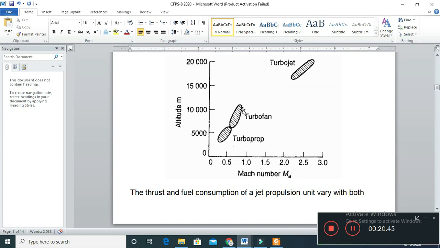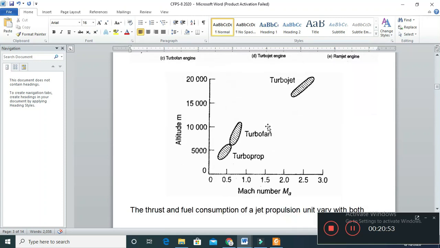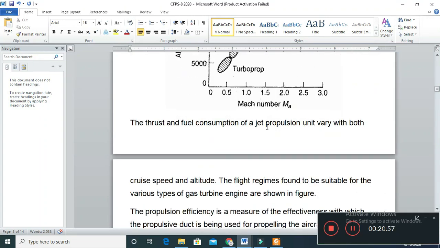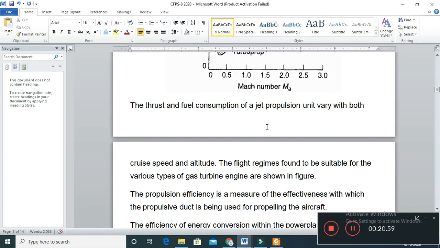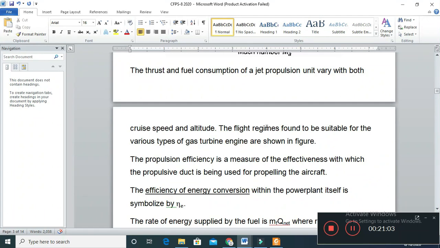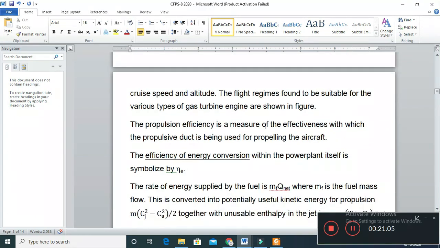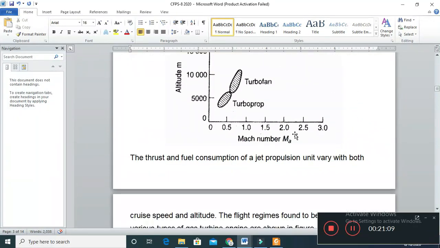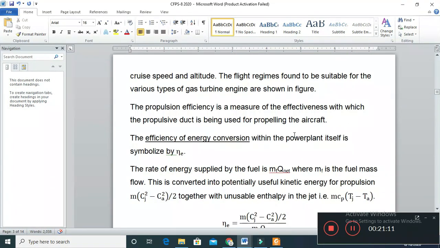If these engines are operated outside this regime, the efficiency of these engines will be less. The thrust and fuel consumption of a jet propulsion engine vary with both cruise speed and altitude. So the suitable altitudes and Mach numbers are given in this chart.